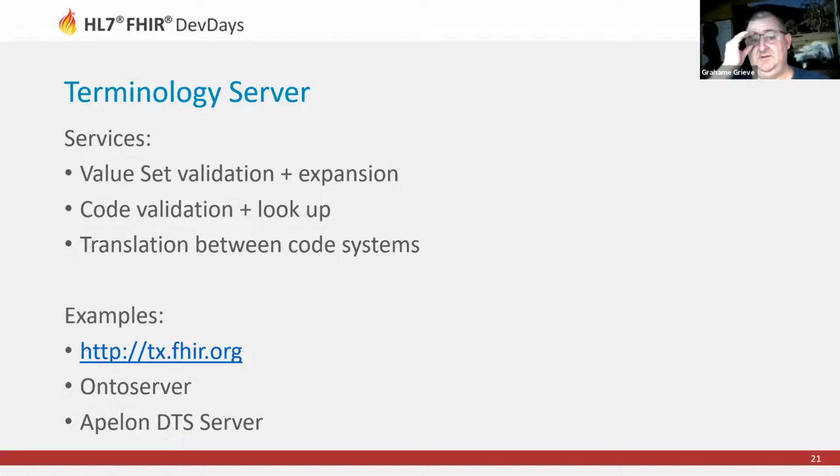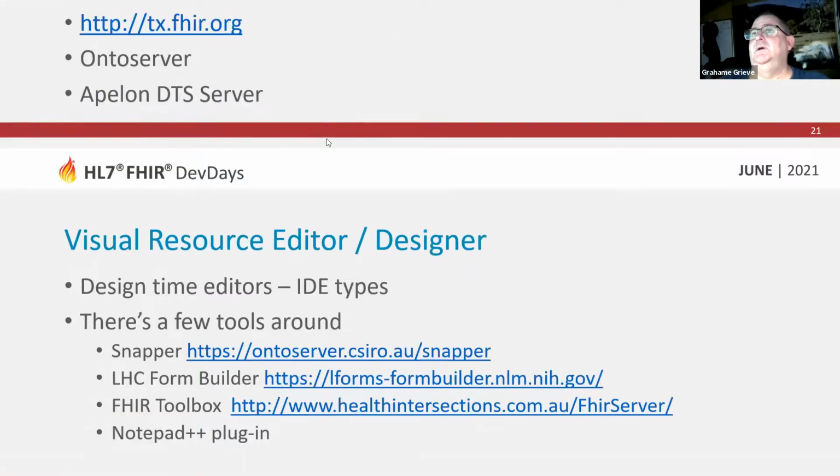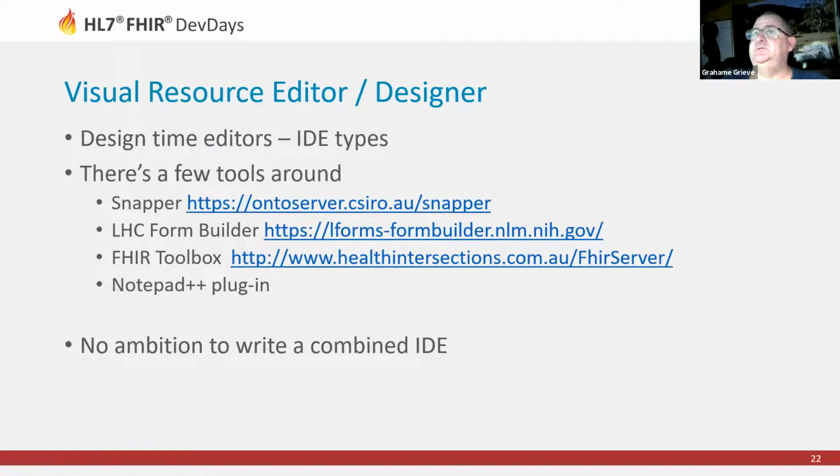And I think that those are something that everybody should be looking to take advantage of. We have a bunch of visual resource editors, and here's some reference to some of them. They're visual editors for specific resource types. We don't really have an ambition to write a combined IDE for FHIR. Maybe it'll happen in some form someday, we'll see.